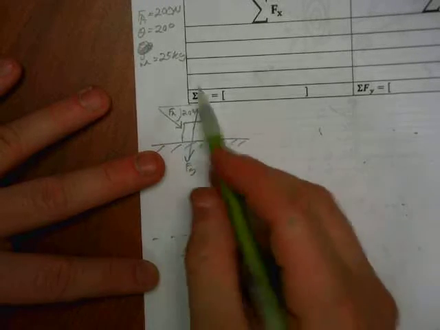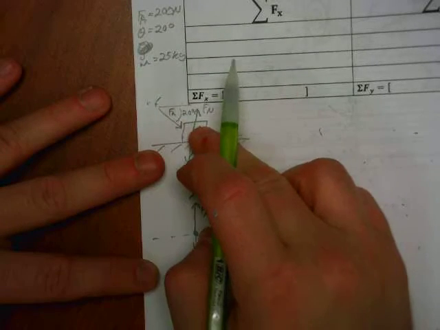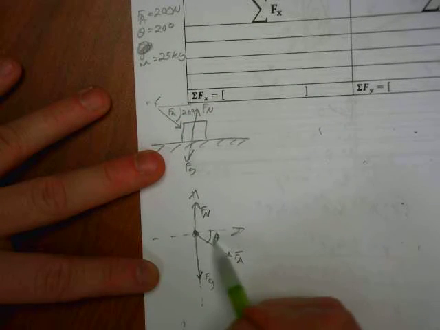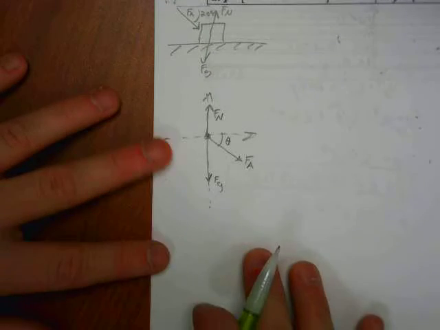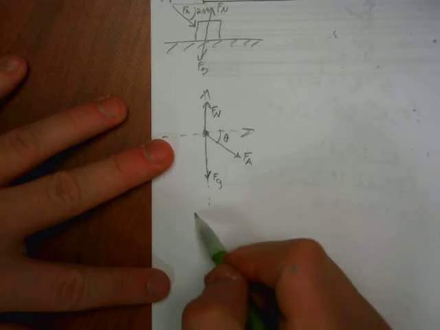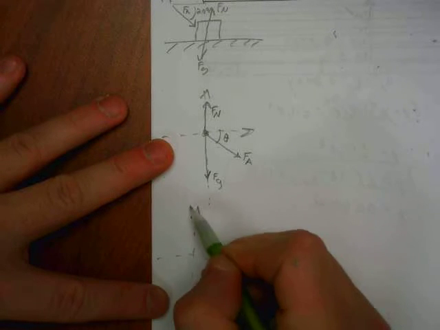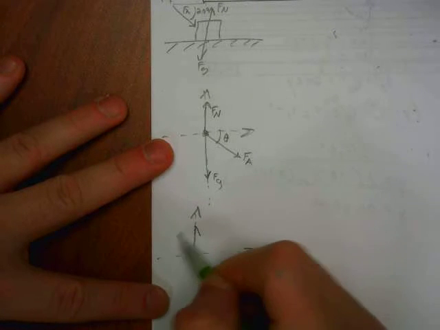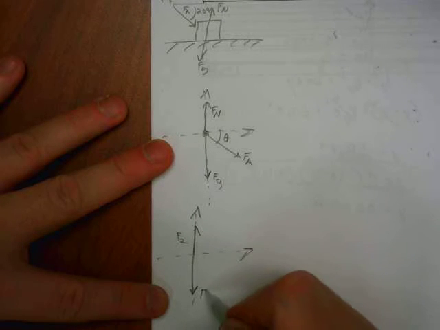So remember, this is 20 degrees below the horizontal, so all I'm doing is shifting this down to the center of the object. So again, theta is 20 degrees below the horizontal. If I wanted to break it down further, FG.